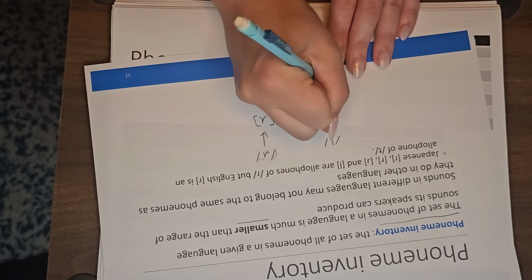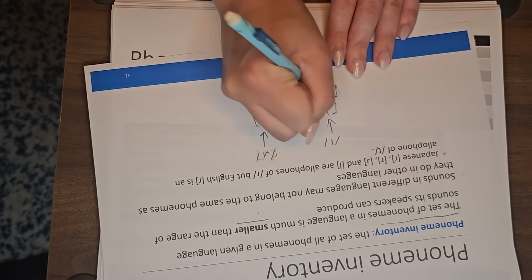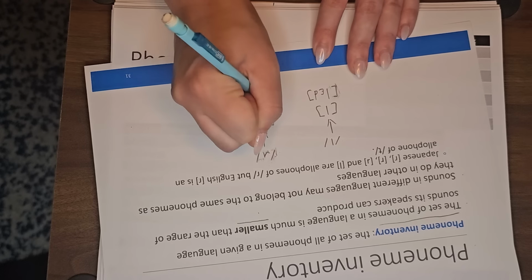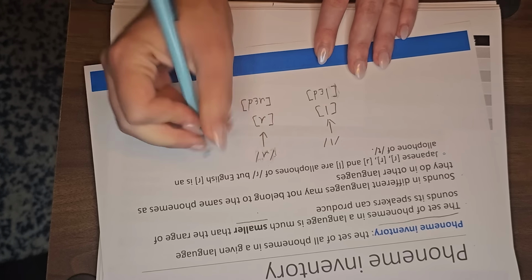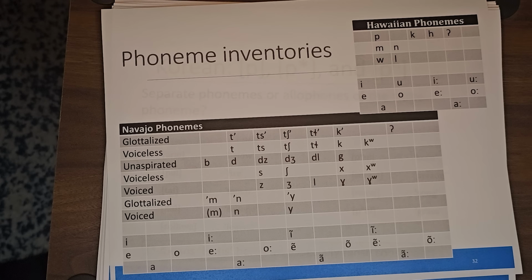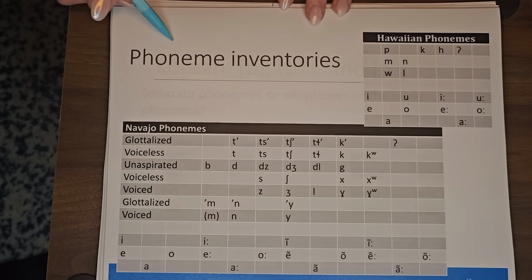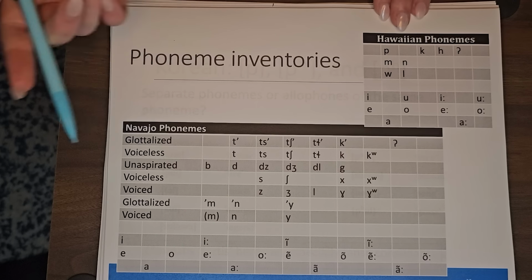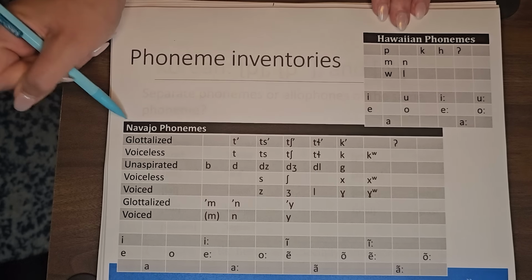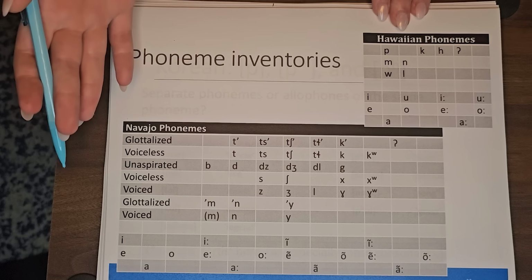We can find the minimal pair lead and red, but they are not phonemes in Japanese. And phoneme inventories vary widely by language. So, for example, Hawaiian has a relatively small phoneme inventory, whereas Navajo has a very large phoneme inventory.